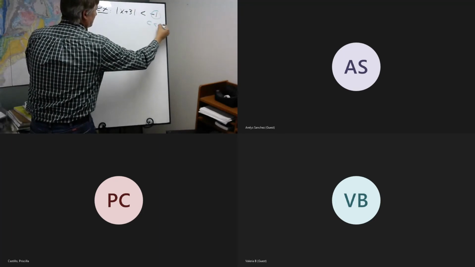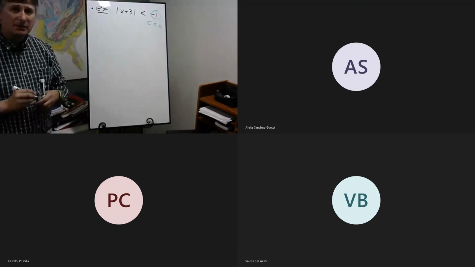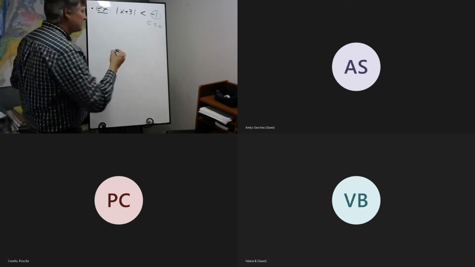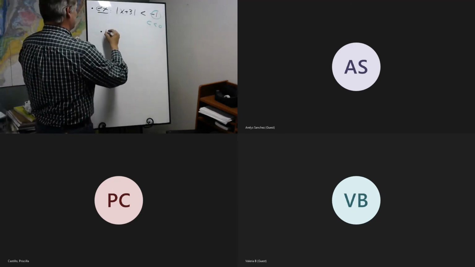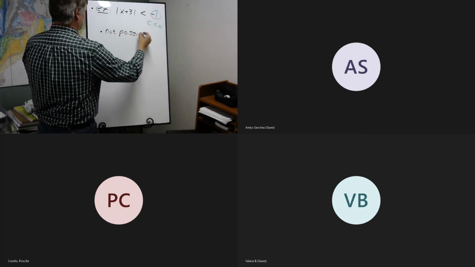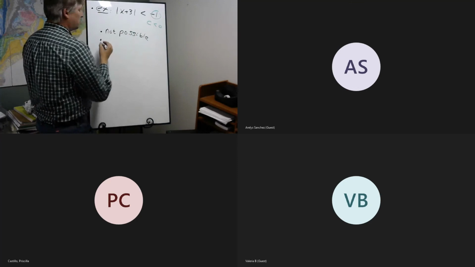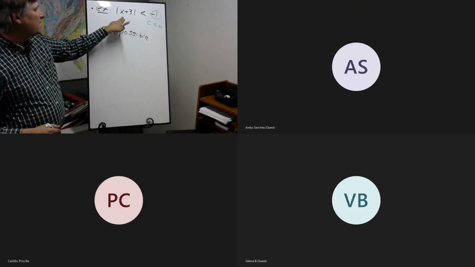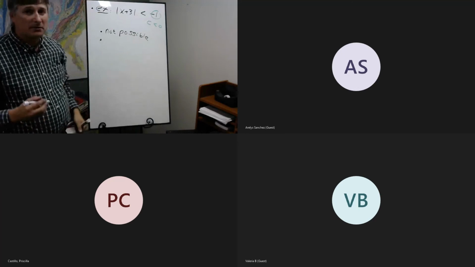Again, c is negative, it's less than 0. This is not possible. The reason is absolute values are always positive. Positives can never be smaller than negatives.